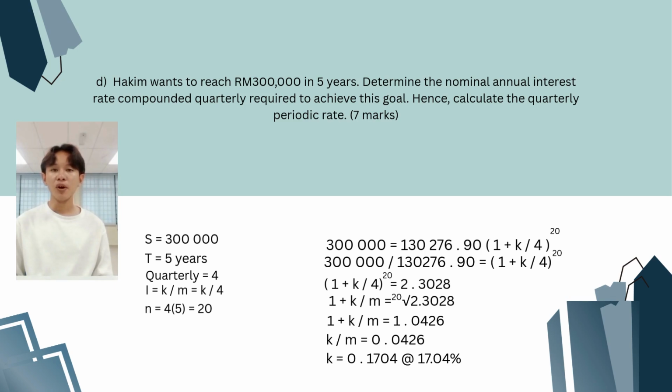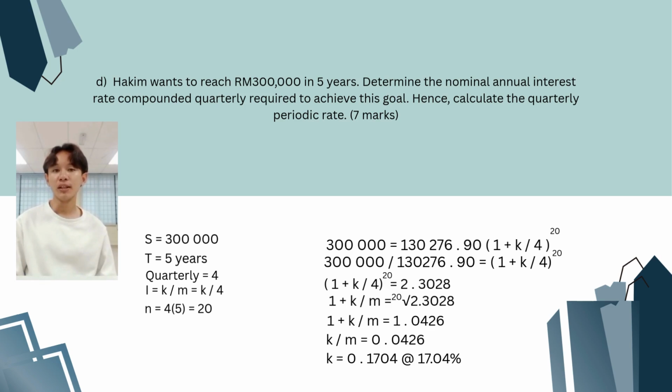Therefore, the total number of compounding periods is 20. Use the compound interest formula, which is S equals P times (1 + k over m) raised to the power of mt. After substituting all the values into the formula, we divide both sides to isolate the compounded term.